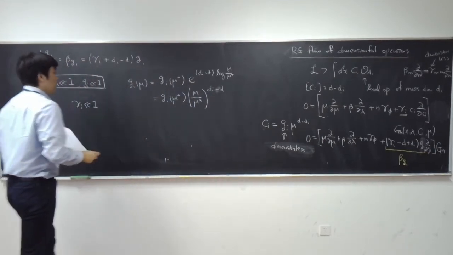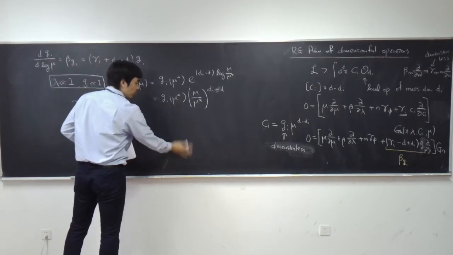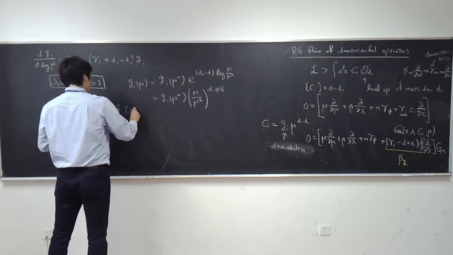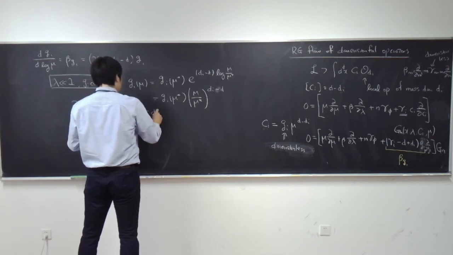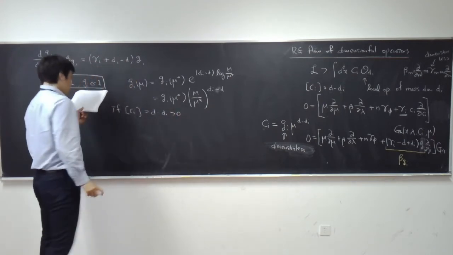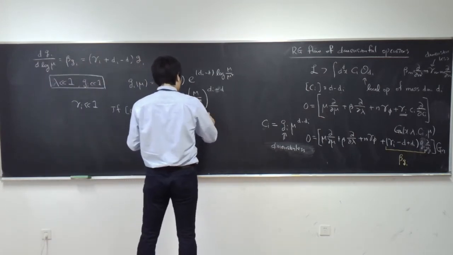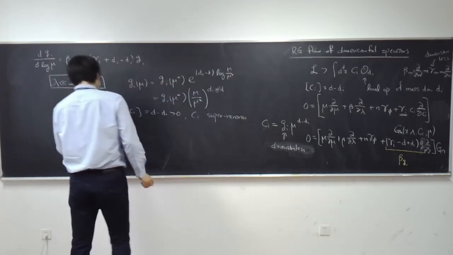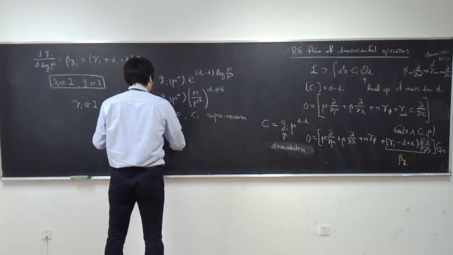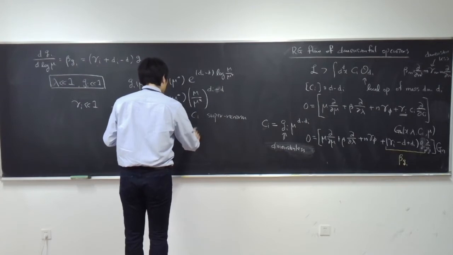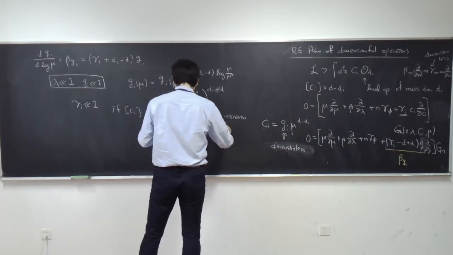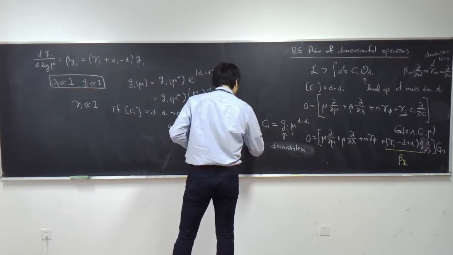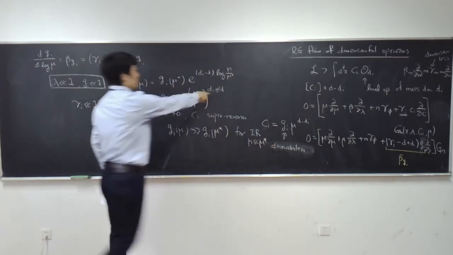Therefore, we have already seen from the Wilsonian effective action analysis that if the mass dimension of Ci is positive, then Ci is of course super-renormalizable, so that Gi of mu is much greater than Gi of mu star for the IR, which means mu is less than mu star, as you can easily see from dimensional analysis.